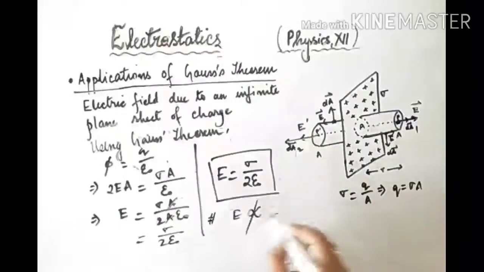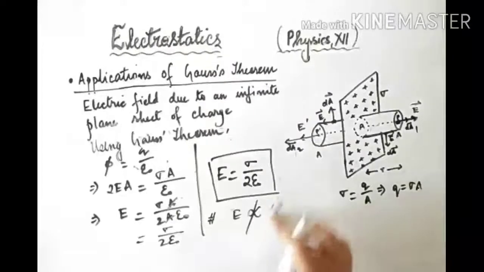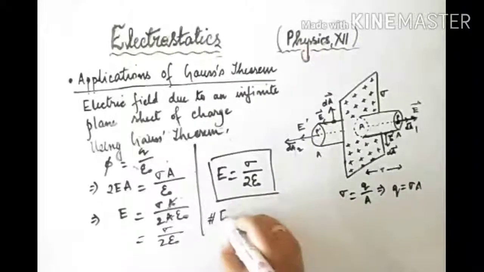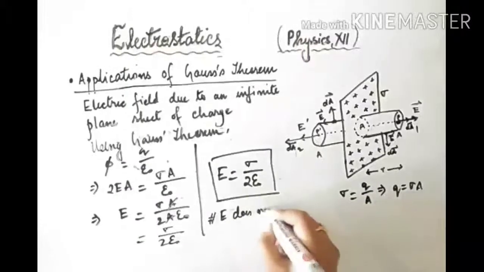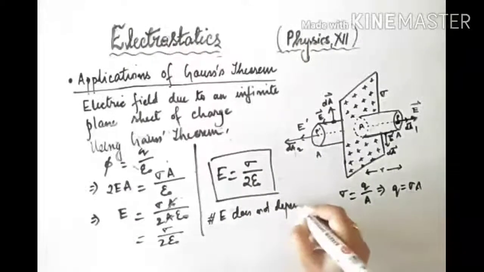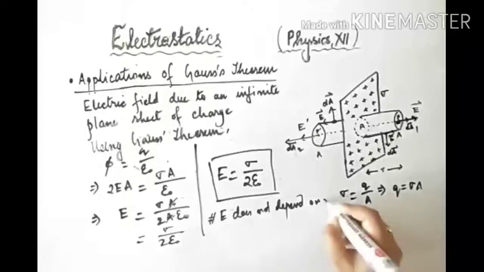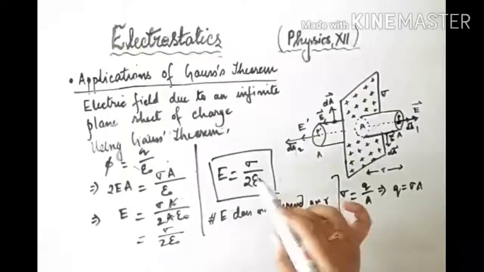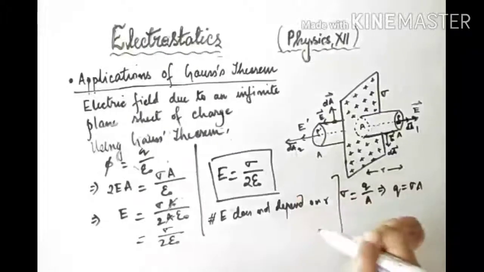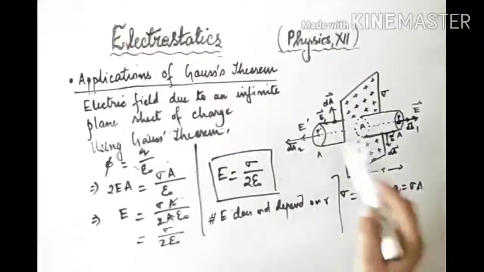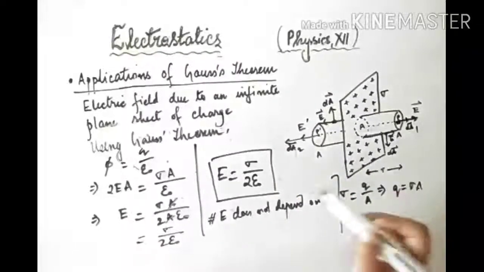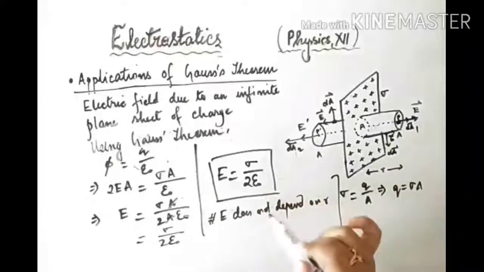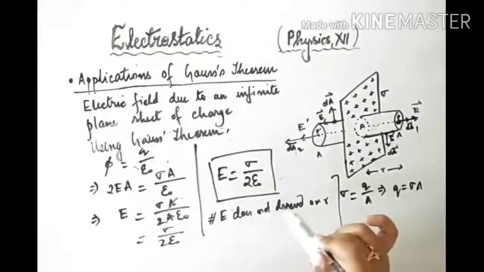E does not depend on r. That means since there is no r here, outside the plane sheet of charge, the electric field will be sigma by 2 epsilon naught.